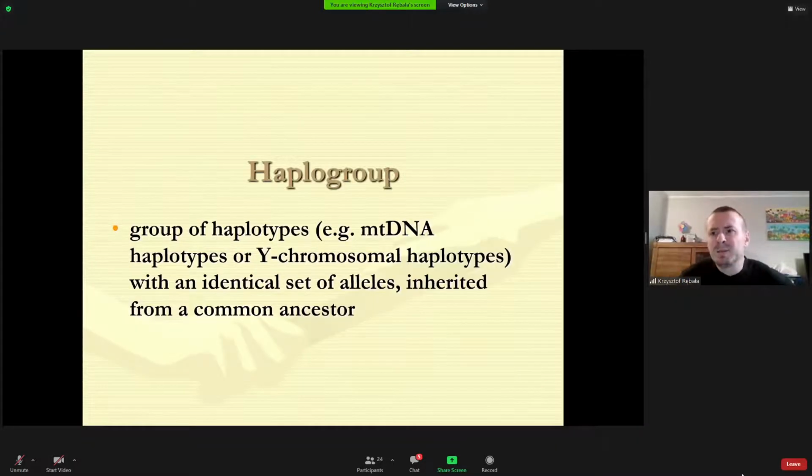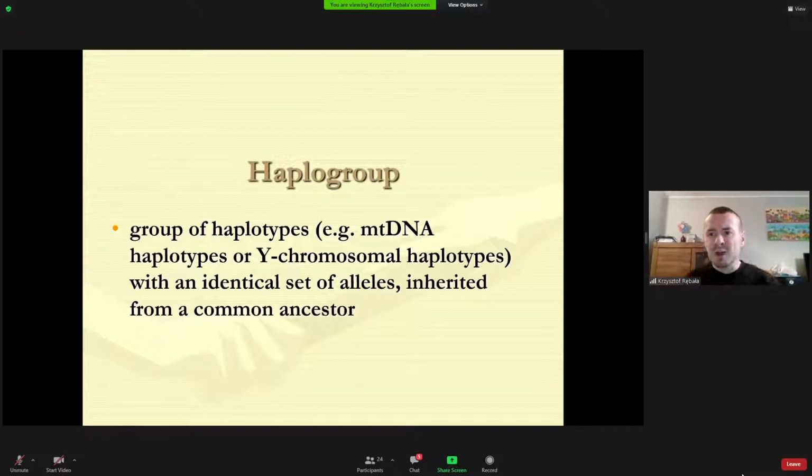And haplogroup, a word which I will use quite often. Haplogroup, by definition, is a group of haplotypes, for example mitochondrial DNA haplotypes or Y chromosomal haplotypes, with an identical set of alleles inherited from a common ancestor.